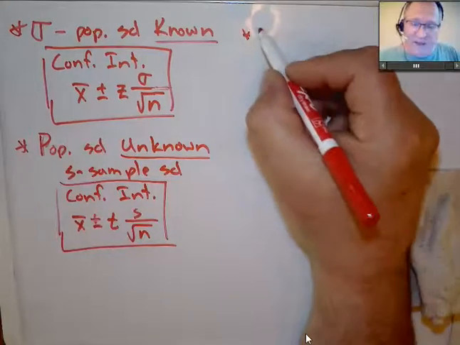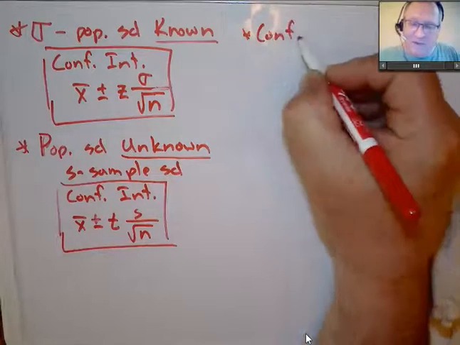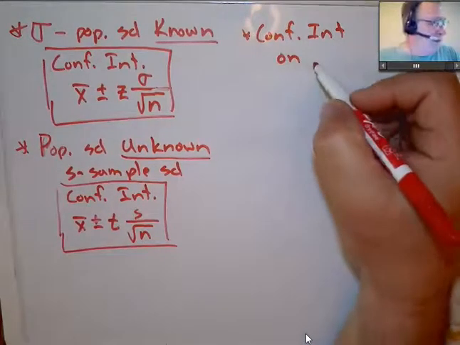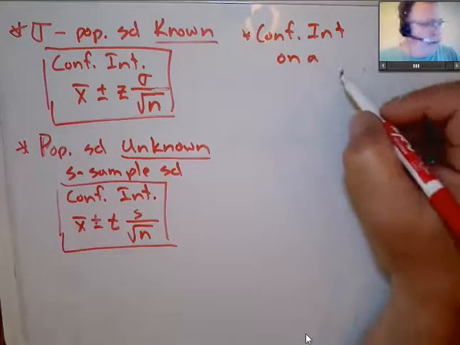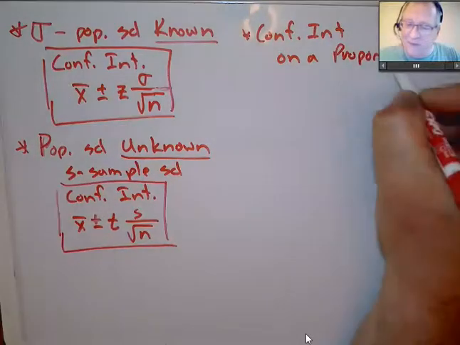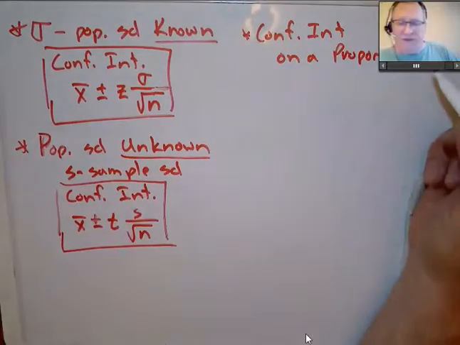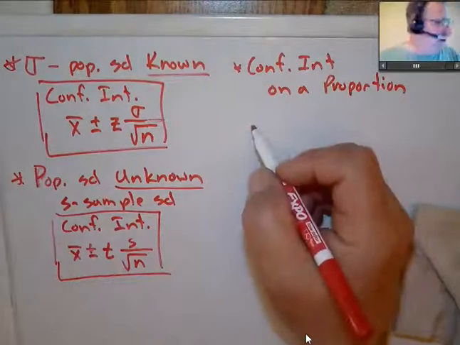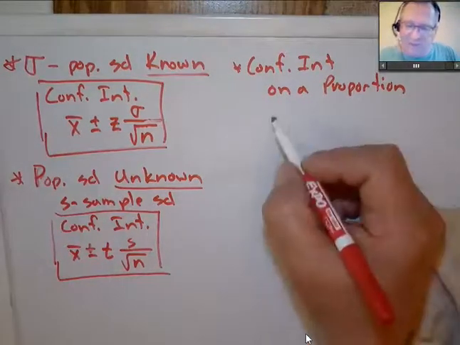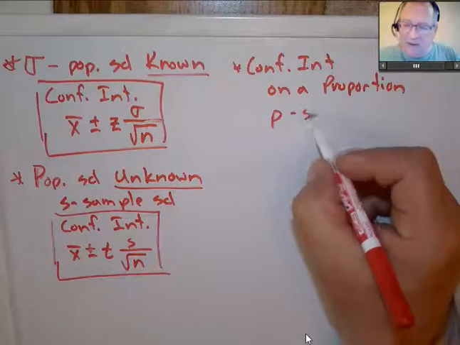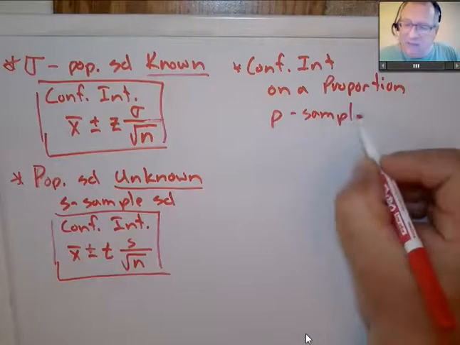So this will be the confidence interval on a proportion. And we're going to, whoopsie, fell off the map there. There we go. We're going to use an equation. P is going to be our sample proportion.